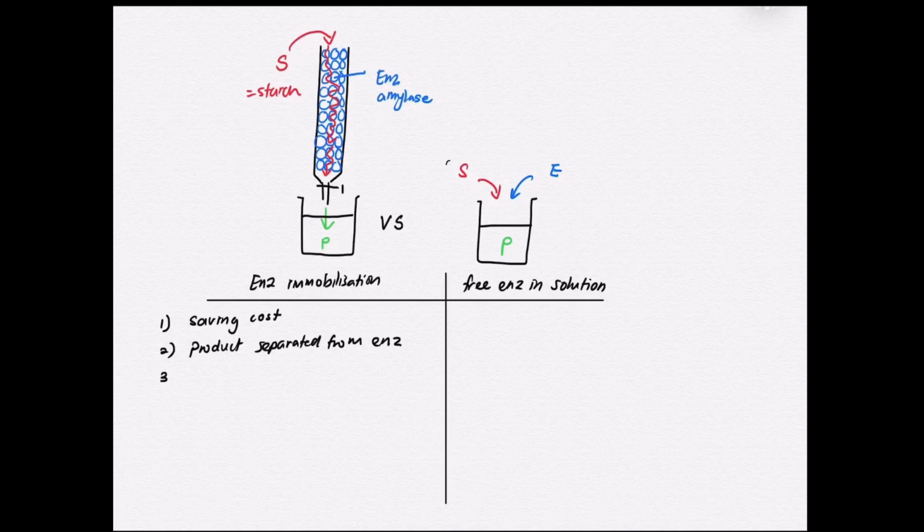For the next point, we can say that your enzyme will be thermostable and pH stable, meaning they are not easily affected by the surrounding environment because they are separated from the solution, which is the environment.